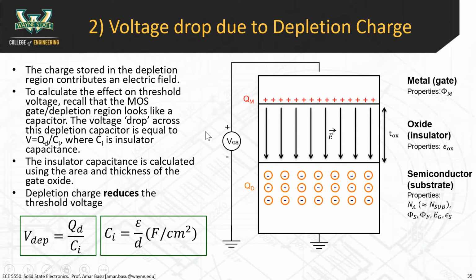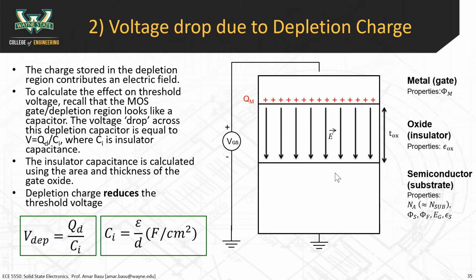What we're interested in is how much VGS is required to create strong inversion, so this VGS has to be greater than VT. There's a voltage drop going from the metal to the body here. This forms a capacitor. There's some voltage drop across this oxide here, and there's some voltage drop across this depletion region here.